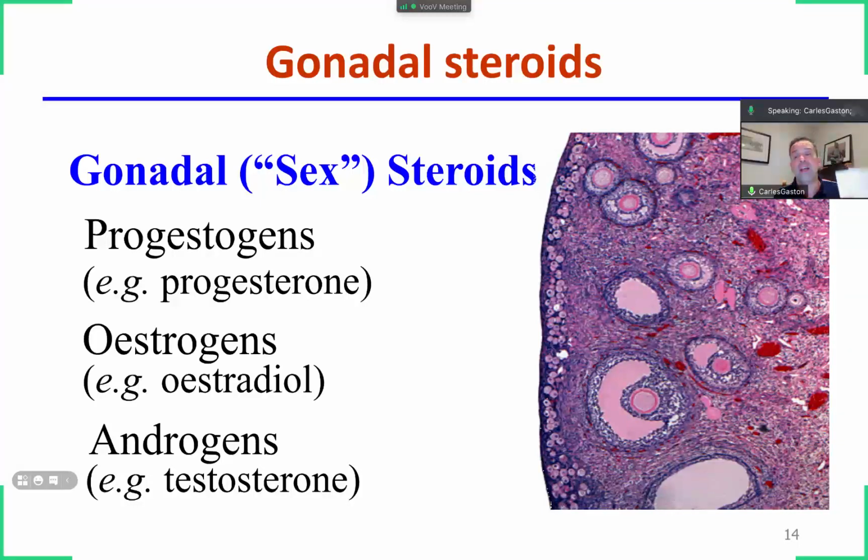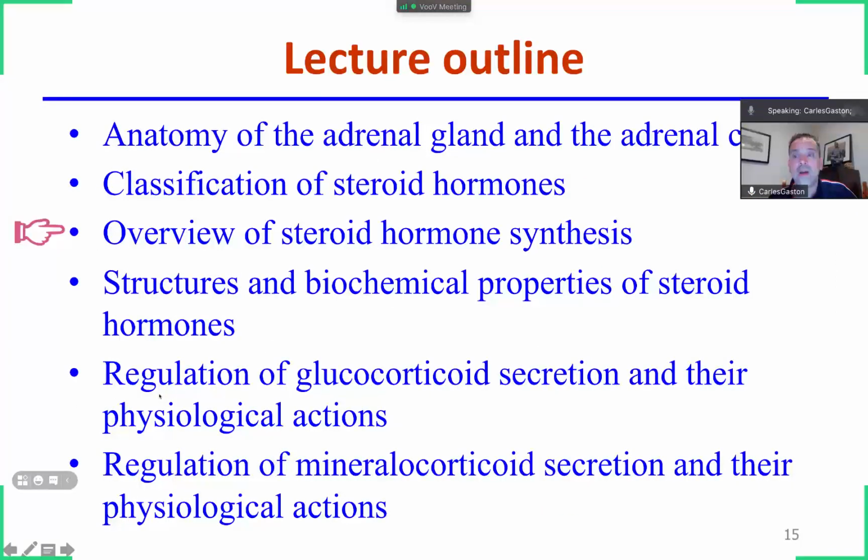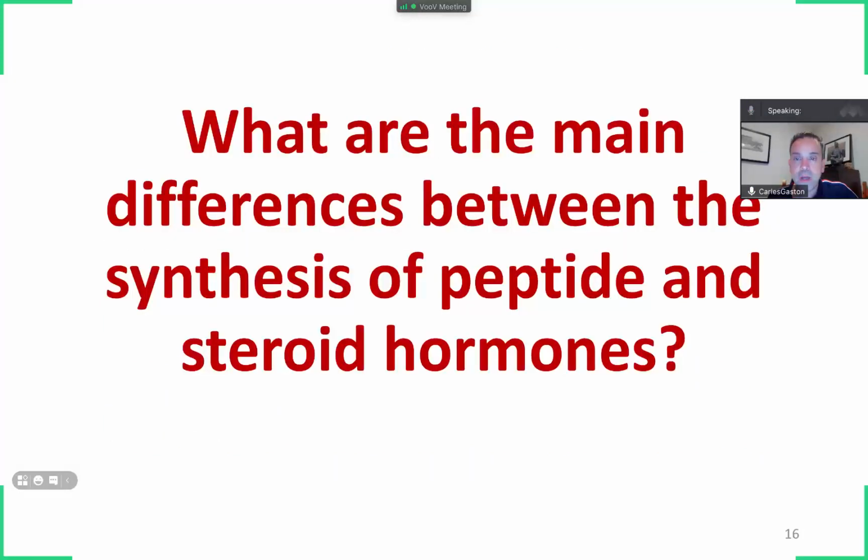We will study the effect of each of these hormones in the reproductive hormones. So let's look into an overview of steroid hormone synthesis. What are the main differences between the synthesis of peptide and steroid hormones?